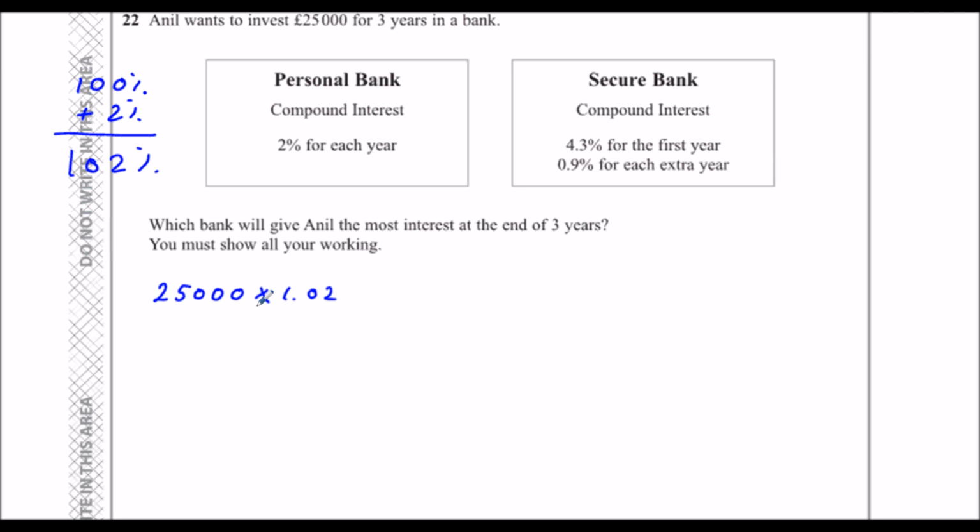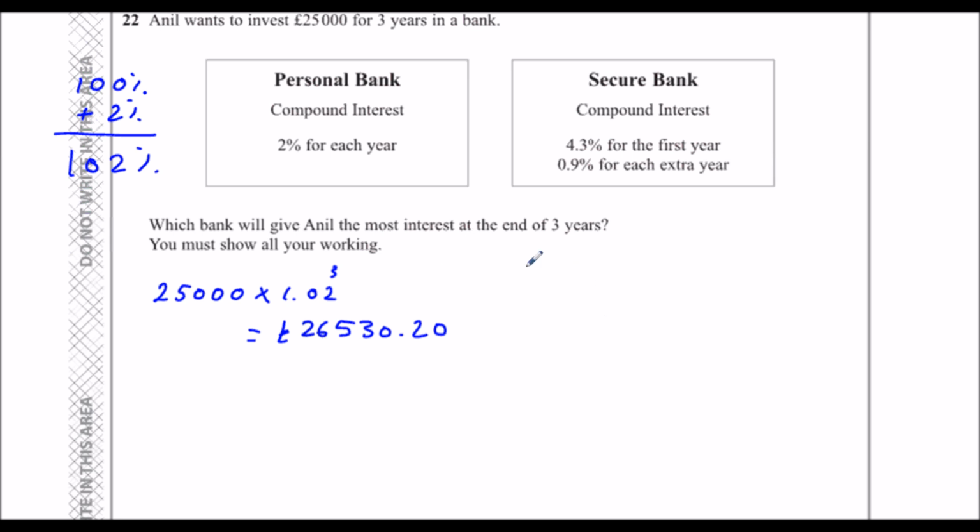So to add on 2%, we can multiply by 1.02, and we're going to do it 3 times. That will tell us how much we've got after 3 years. So £26,530 and 20 pence.